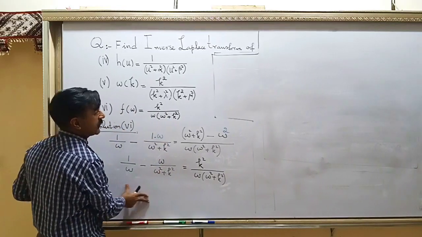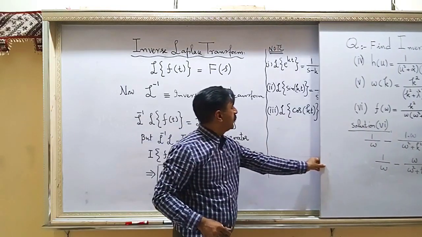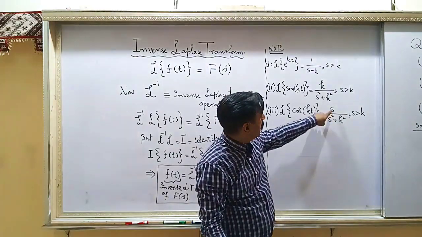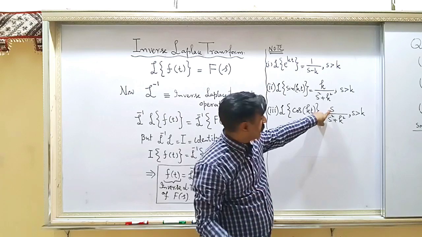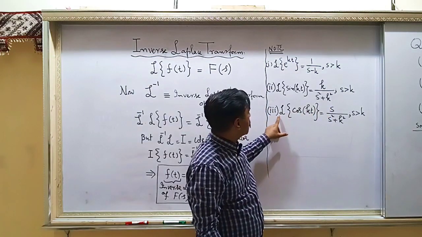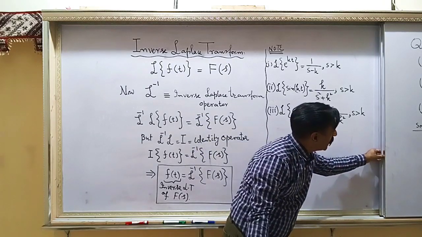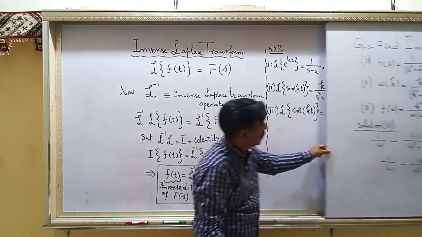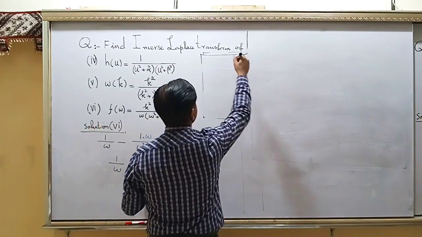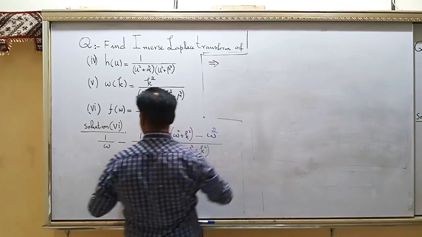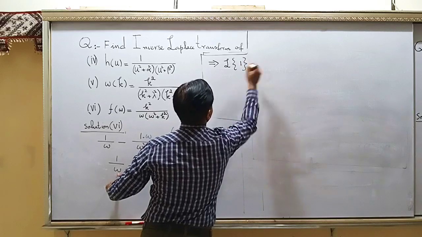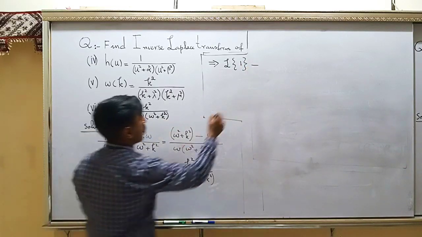Again, this piece: if in the denominator you have s square, then you have s here, and in our case we have here omega square, and here we have omega. So this is the Laplace transform of cos kt. So this implies 1 over omega is the Laplace transform of 1, minus this, and this is what?